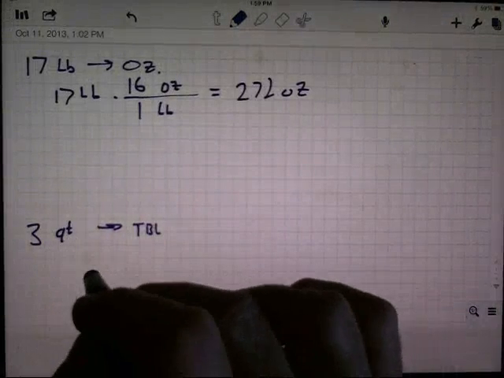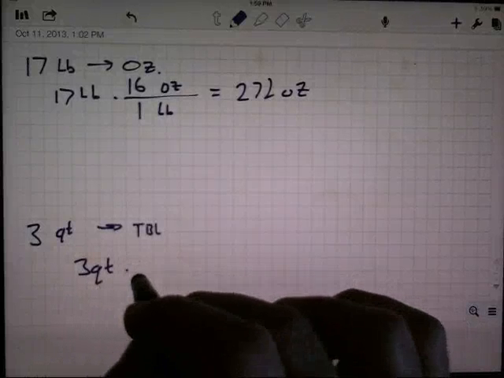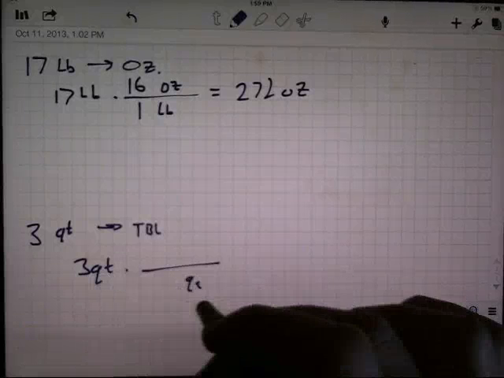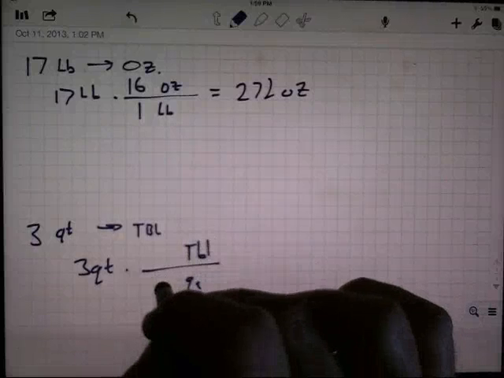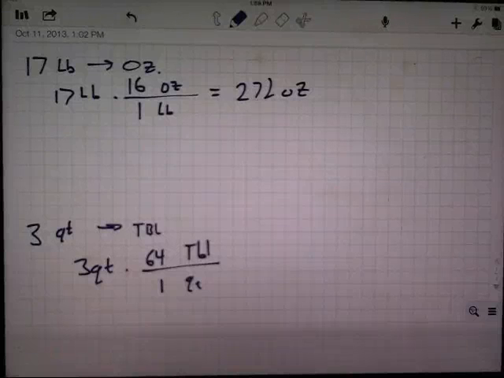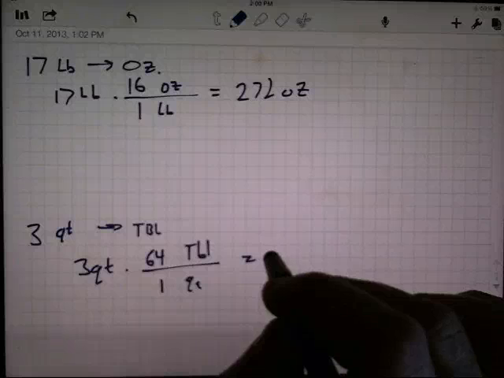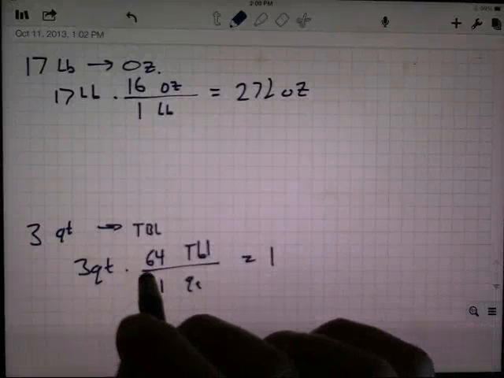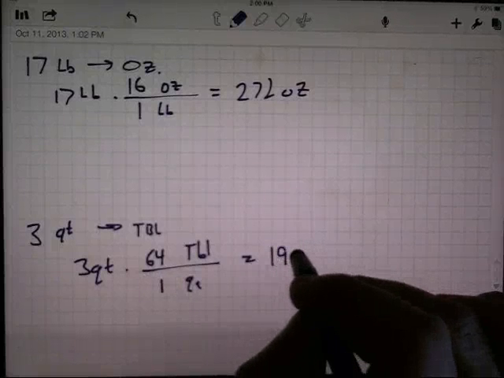So 3 quarts, here we go, 3 quarts times an exchange rate. Quarts has got to be on the bottom because that's what I'm trying to cancel out, and I need tablespoons on the top. 1 quart is the same as 64 tablespoons. So 64 times 3 would be 192.